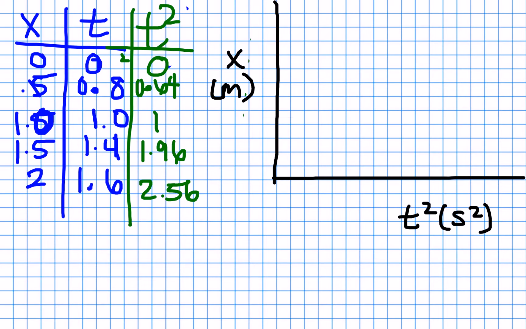And then we want to graph this. So this should go up to 2. So it looks like we're going to go, this is 0, 0.5, 1, 1.5, and 2. This needs to go up to 2 as well. We have a little more room to work with, which is good.